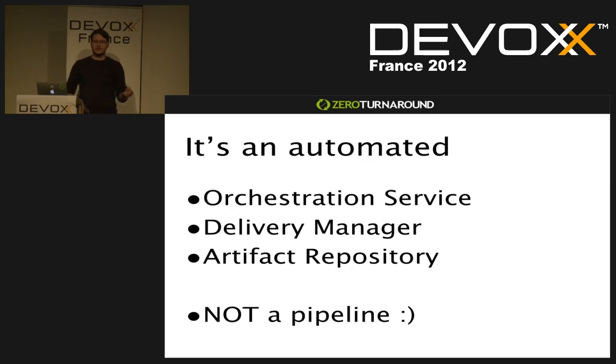You have a delivery manager, which basically takes care of the actual deployment, the last mile of the workflow, when everything is vetted and now it actually has to go out to the users.